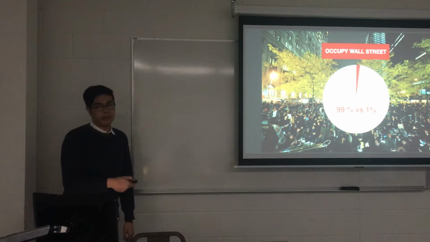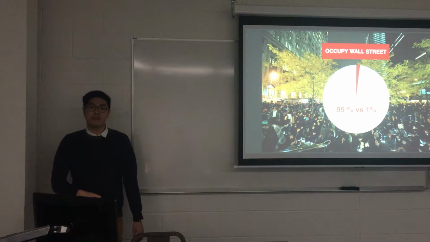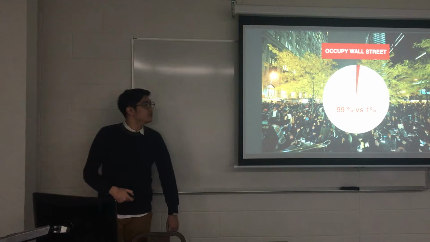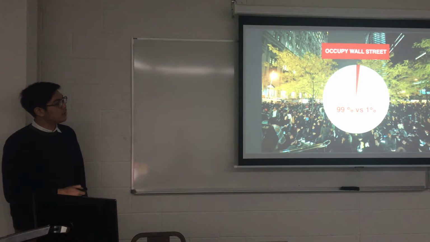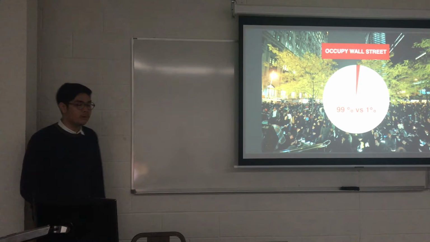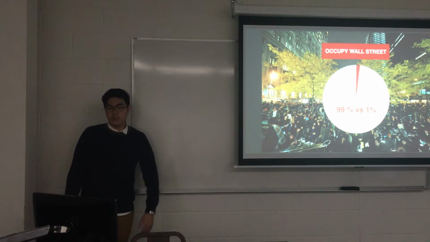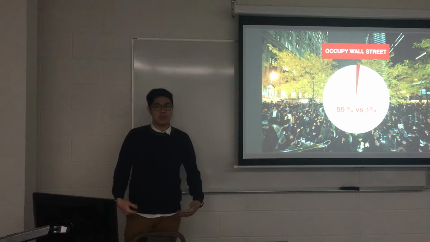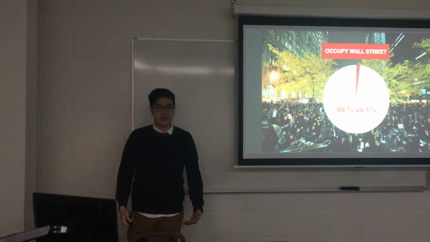Going back to the idea of the conflict between two different kinds of people on the site, in 2011 there was a famous protest event called Occupy Wall Street at the site. It talks about two different kinds of people, the 99% and the 1%. The 1% are the rich people who have the power to control the whole system, and the 99% are the rest of the people, the majority, but they cannot access anything, they cannot control anything, and they do not have the right to do anything with the system.